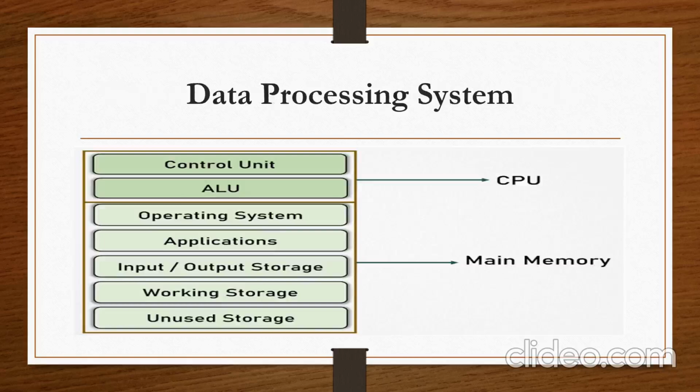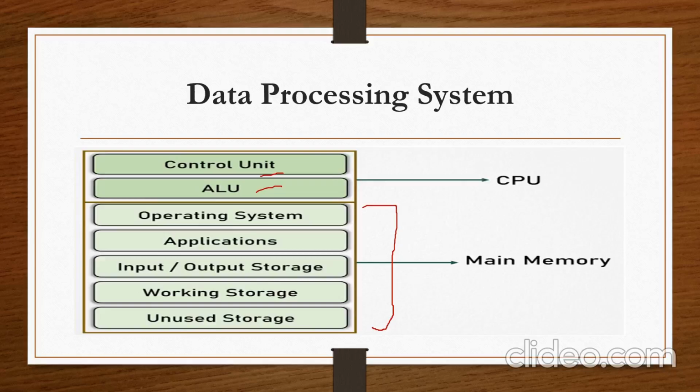Then we are also going to look at the data processing system. All that process is also called the data processing system, as in the way of converting data into meaningful information. It has three components: the control unit, the ALU, and the main memory. The ALU and control unit are combined within the CPU, which acts as the brain of the computer.